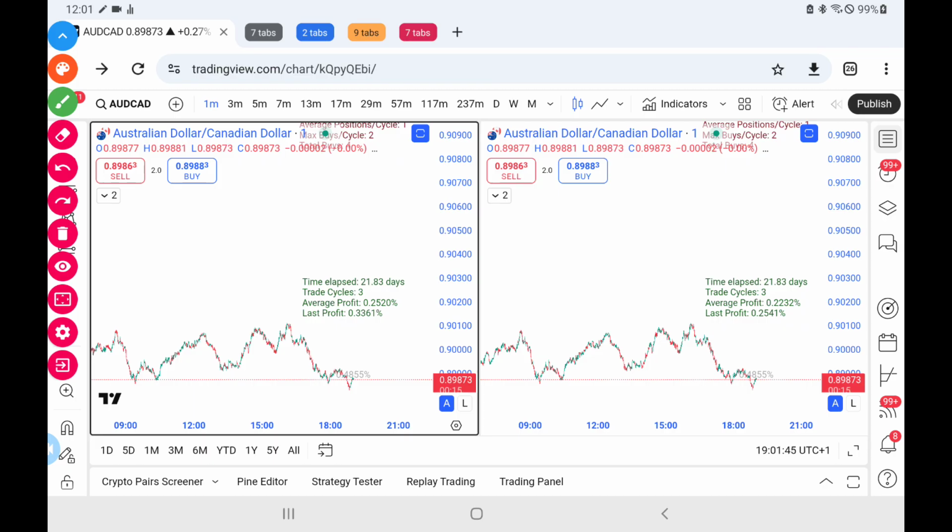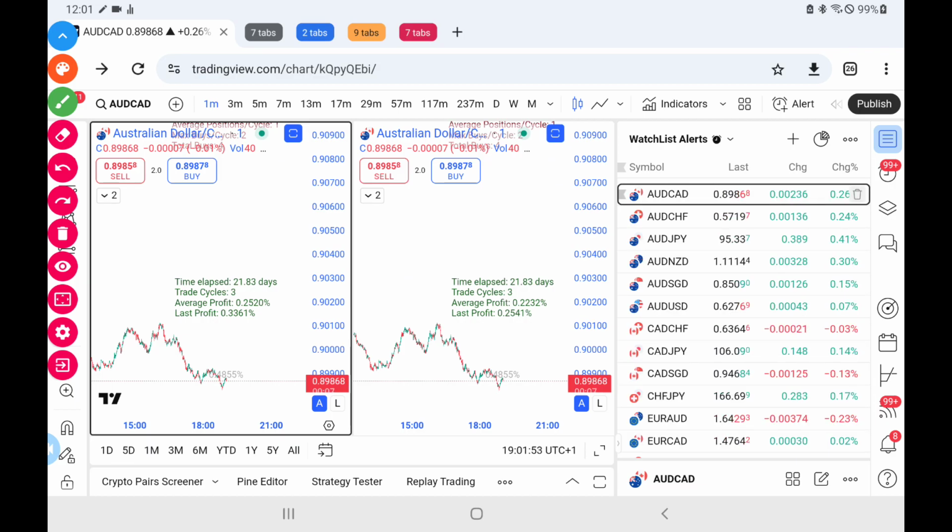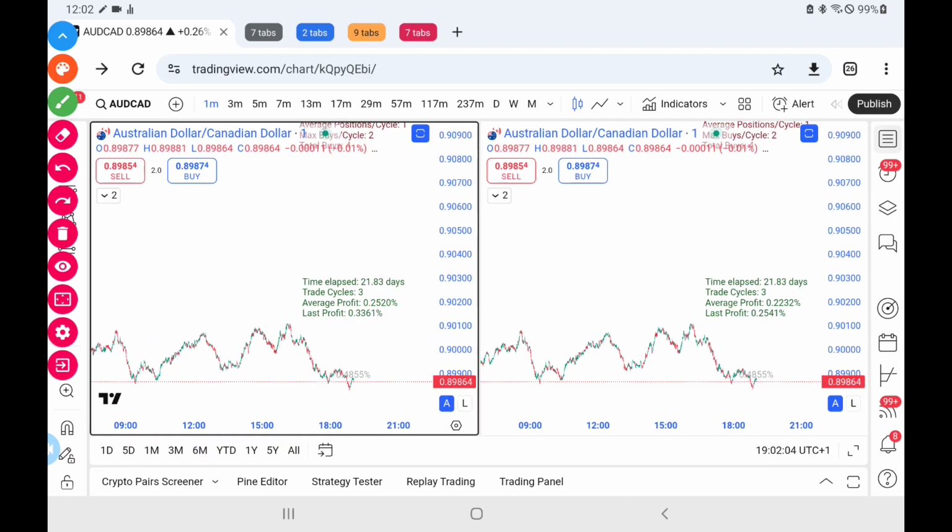Instead of having to go through and set alerts one by one, you can create a watch list of a whole bunch of different instruments or assets and then set an alert on that entire watch list. It is incredibly easy to do, and quite frankly, if you're going to do it for one particular strategy like what I'm using, it really is the best way to do it.